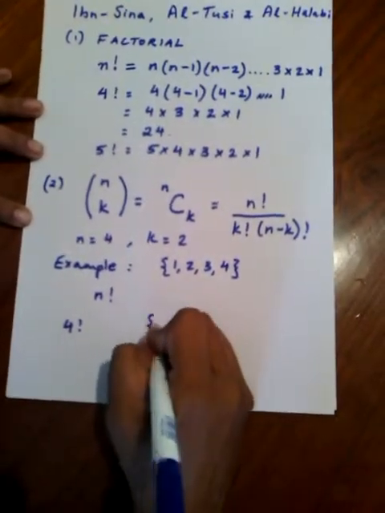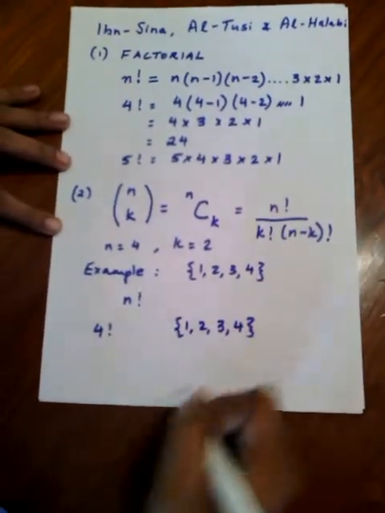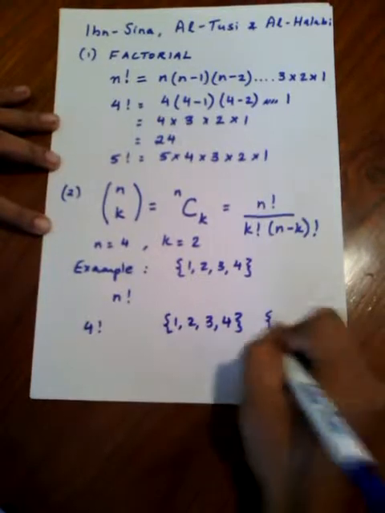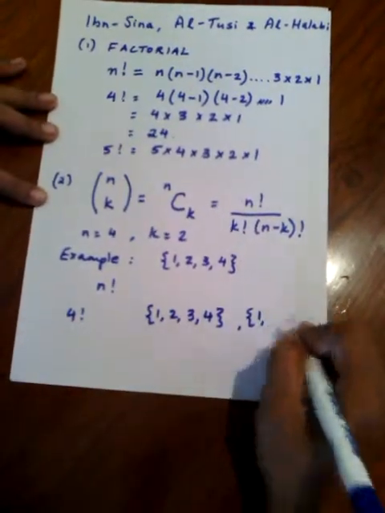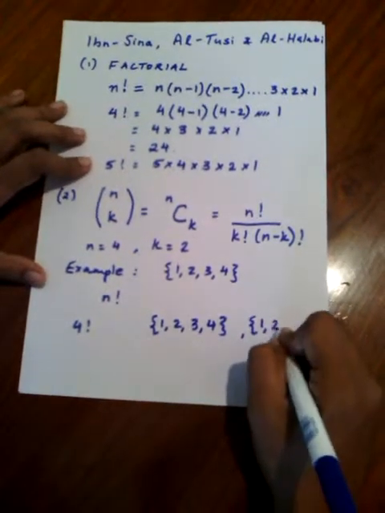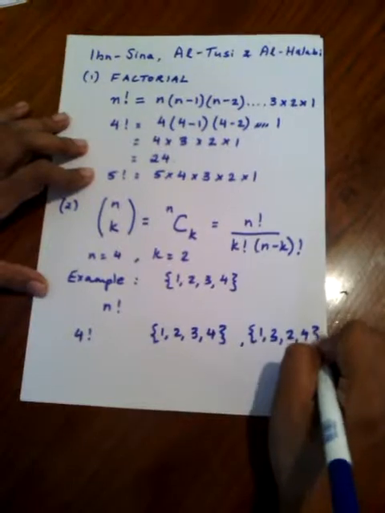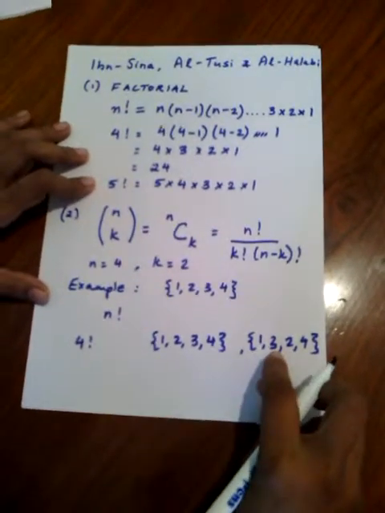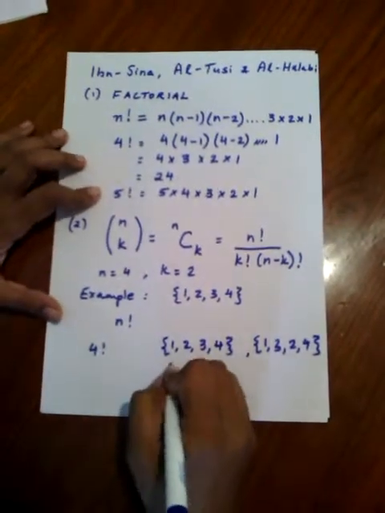For instance, one combination would just be 1, 2, 3, 4. Another combination would be, if you keep 1 in its original place and you switch 2 and 3, you'd have 1, 3, 2, 4.